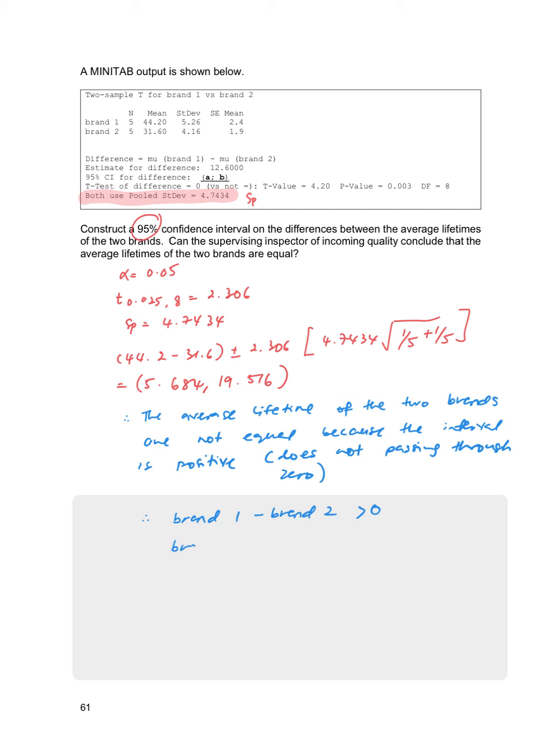So meaning that brand 1 is greater than brand 2 in terms of the average lifetimes. Okay, so dia does not equal dia punya lifetime sebab confidence interval dia does not contain 0 value. In fact, we can see here brand 1 is greater than brand 2 dia punya lifetime.